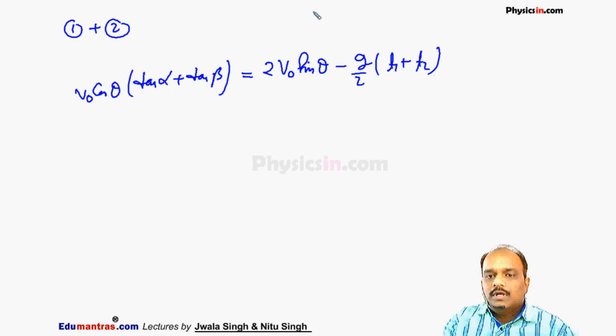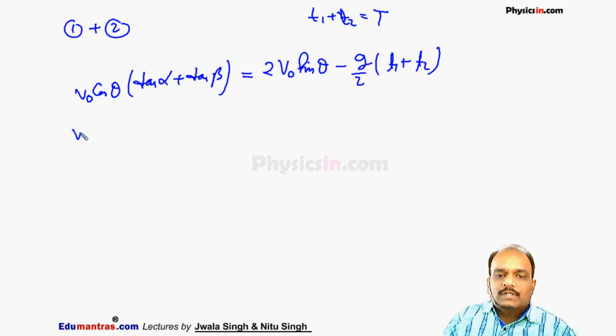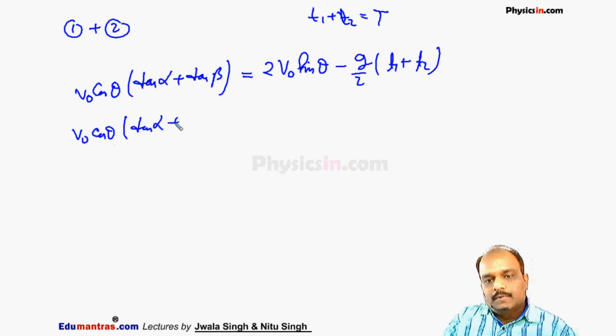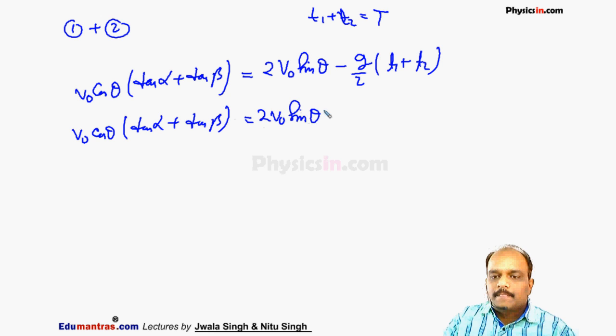And we know t1 plus t2 is equal to time of flight T, so we can say v naught cos theta into tan alpha plus tan beta is equal to 2 v naught sin theta minus g by 2 multiplied by time of flight. We know time of flight is 2 v naught sin theta by g.